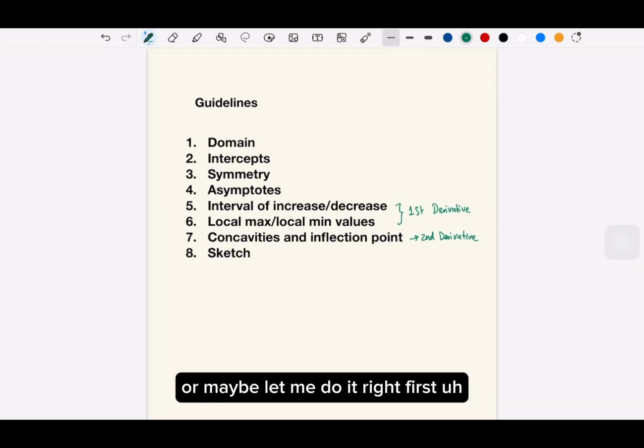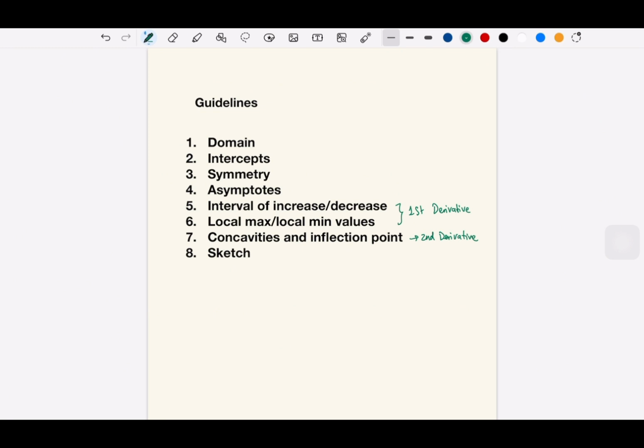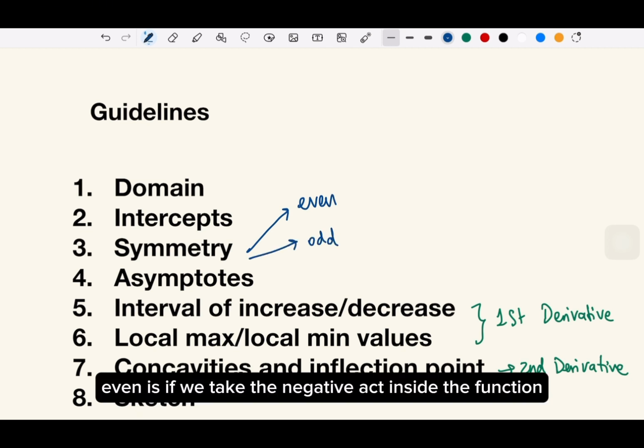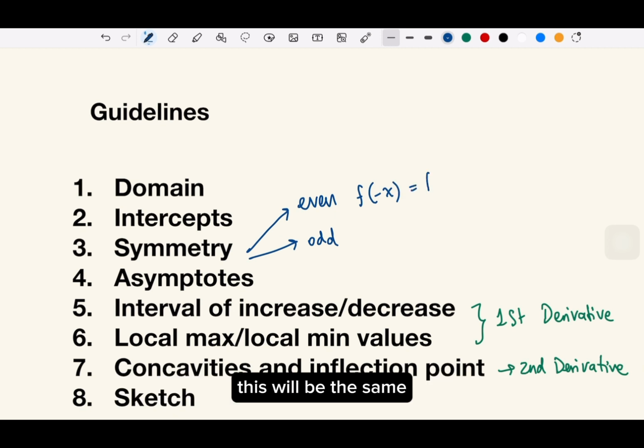Or maybe let me write first. Symmetry means we can have an even function or odd. Even is if we take the negative x inside the function, this will be the same.